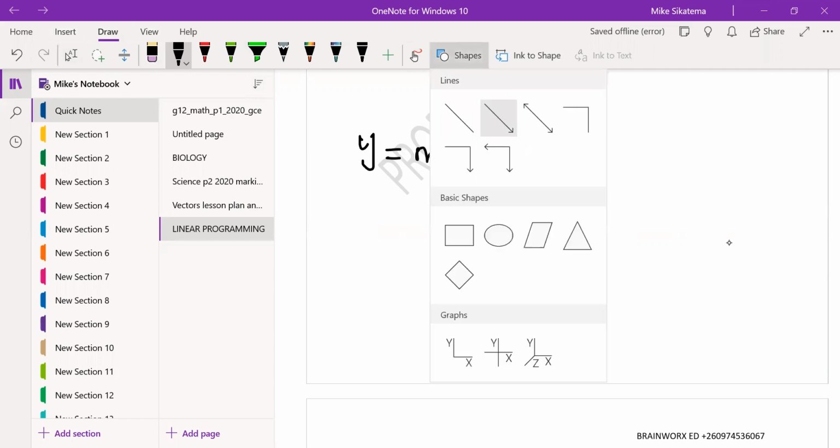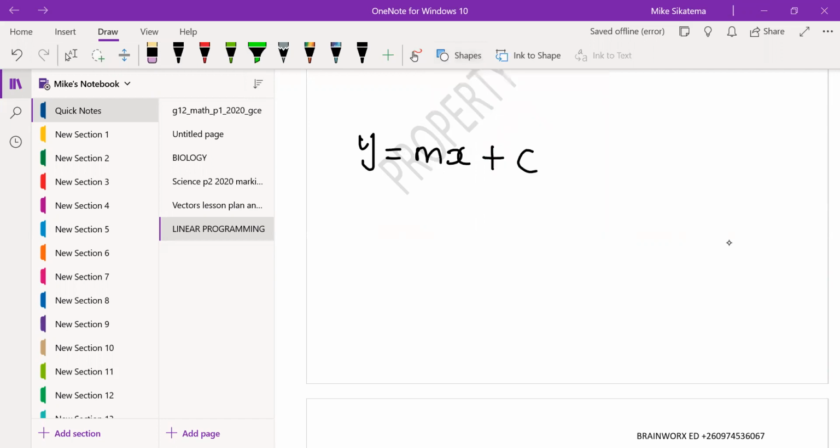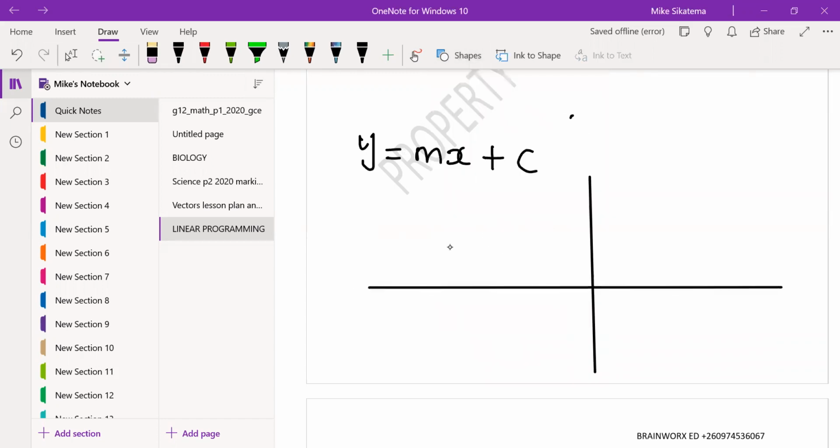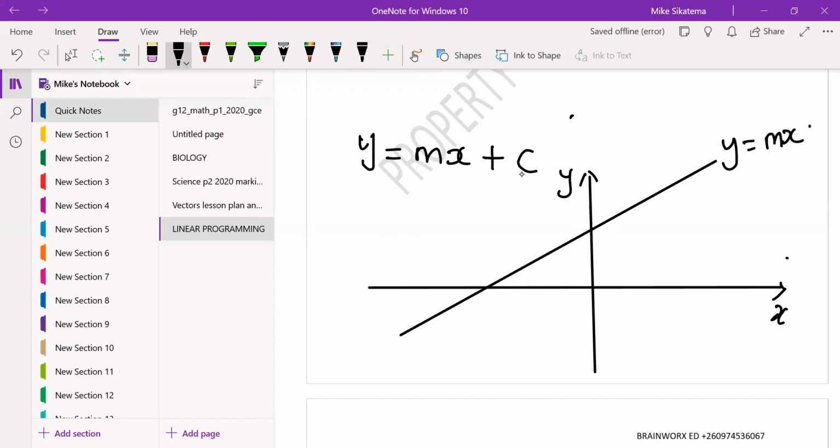If I were to make a simple coordinate plane so that I show you all the different types of lines that you're going to encounter, say this is the y-axis and this is the x-axis. The first line that you're going to encounter is going to look like this. It's going to have y equals mx plus c. It's going to have a gradient. It's going to have a y-intercept.